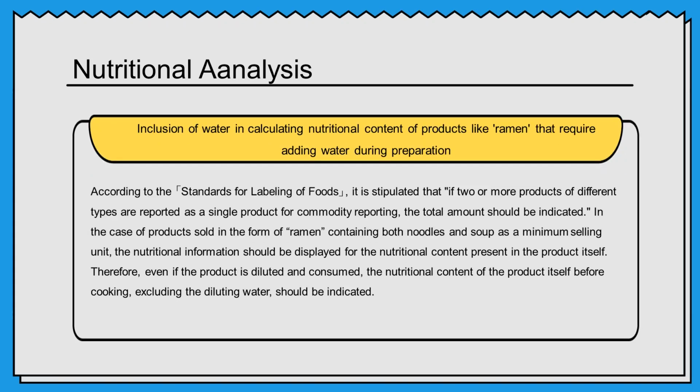According to the standards for labeling of foods, if 2 or more products of different types are reported as a single product for commodity reporting, the total amount should be indicated.